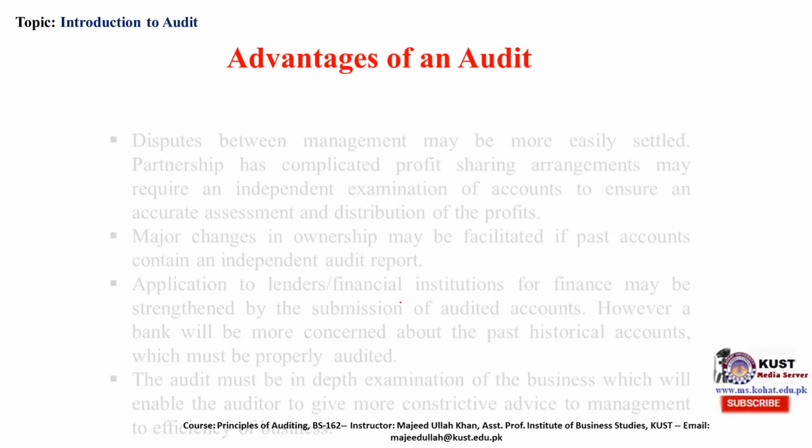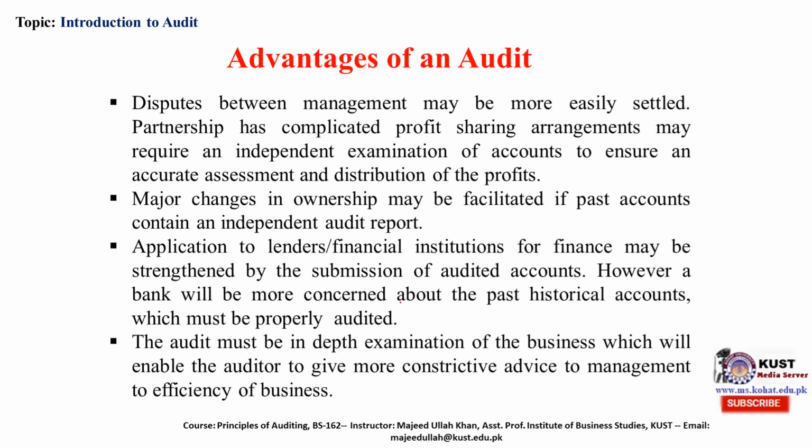Moving further, advantages of auditing. The first advantage is to resolve disputes between the management and the shareholders, or between the management and any other persons, because an independent view of the auditors will be acceptable to both parties.